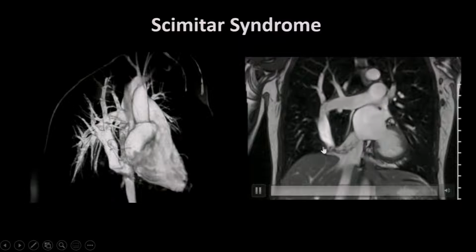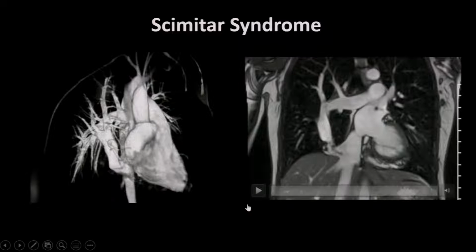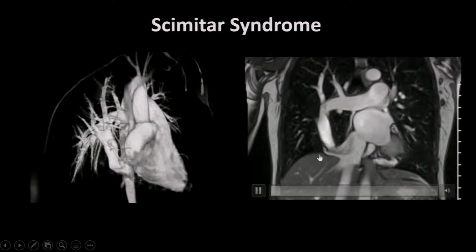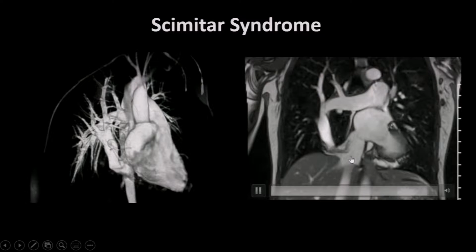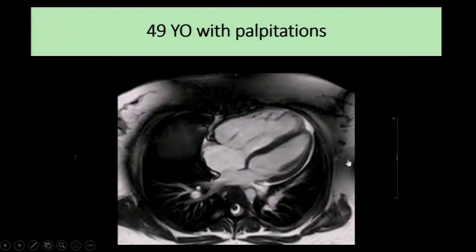So the way you fix this is by baffling, meaning redirecting the flow that comes from this vein through the atrial septum. So it requires the creation of an atrial septal defect and then baffling with usually pericardium. This should be done by an experienced congenital surgeon to prevent stenosis or obstruction of the IVC.